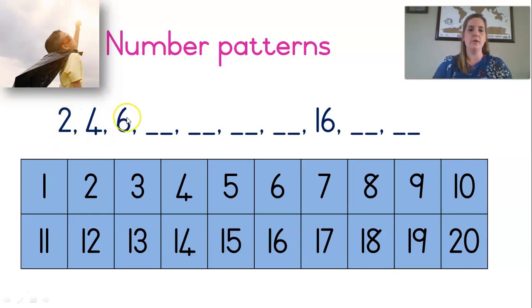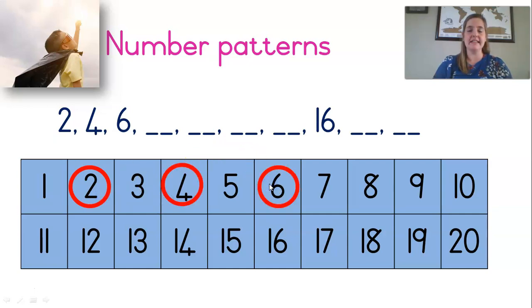2, 4, 6. Did it get bigger or smaller? Bigger. By how much? Let's have a look over here. We are number 2, 4, 6. Each time we've jumped 2. So it's getting bigger by 2. So we've got 2, 4, 6.